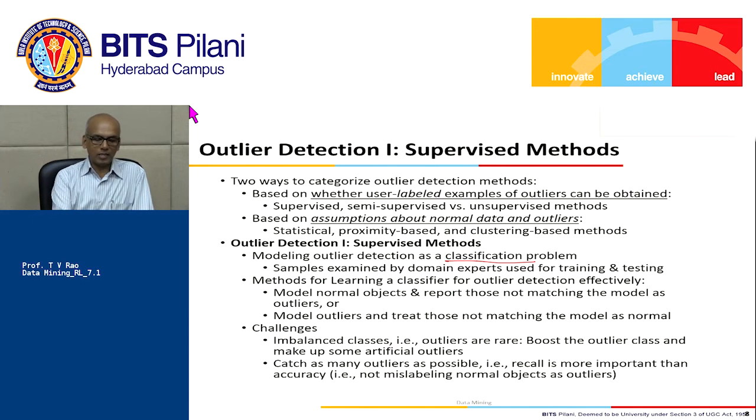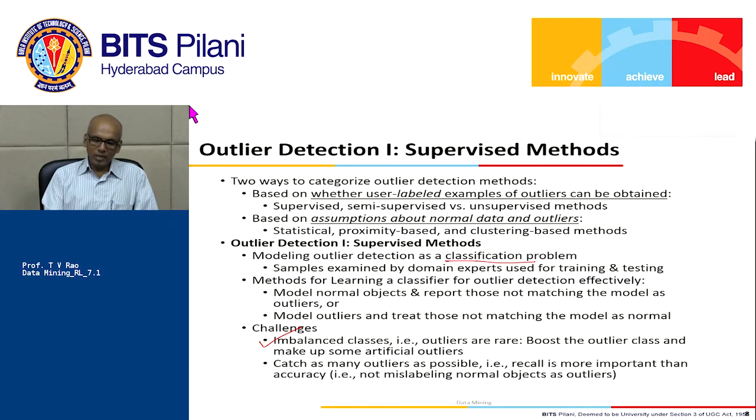The problem is that here we have clearly imbalanced classes, as we had discussed. The outliers are far fewer than the normal data points, so we have classes which are highly asymmetric. In this case, it is very difficult to create a model that works accurately.